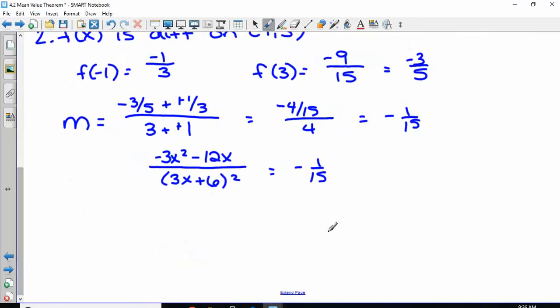Gave you a pretty ugly one here. How would I go about solving this? Cross multiply. Okay, so this way would give me a negative 45x squared minus 180x.